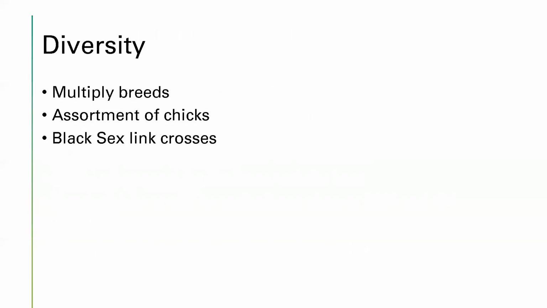We also can use the black sex-linked cross as a way of talking about parents of different breeds crossing, having offspring, and those offspring being different but the same in regards to their activities. So we've added that in there as a lesson that we can add some diversity to the program.